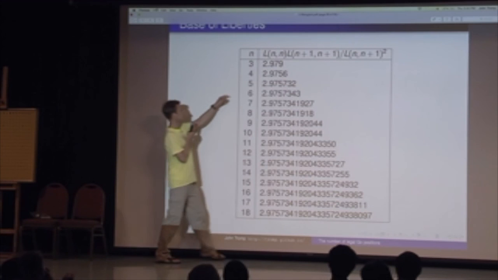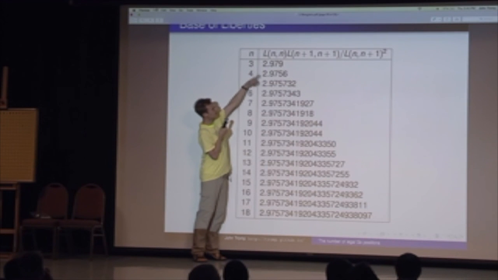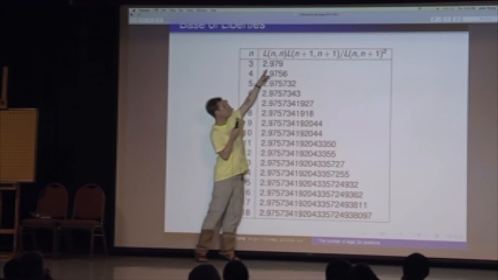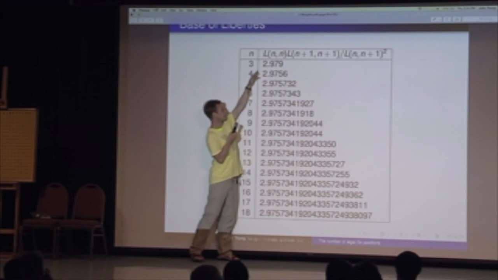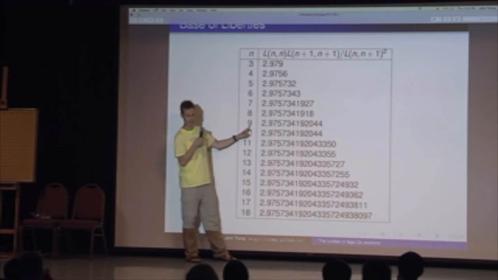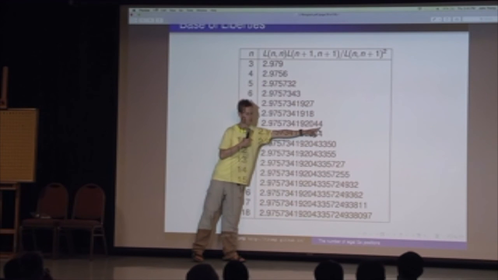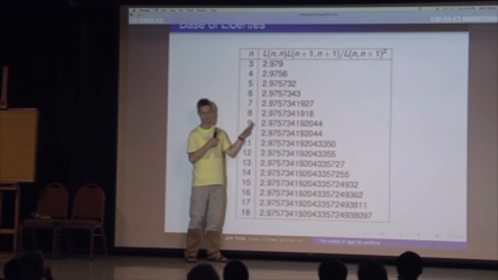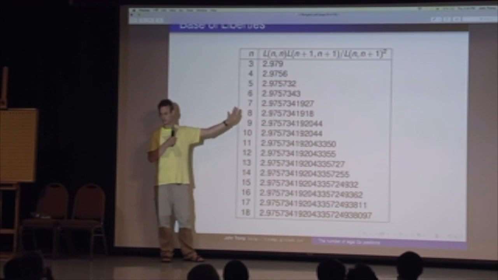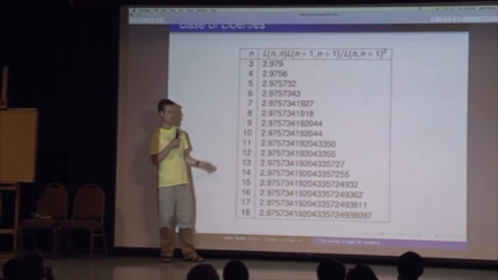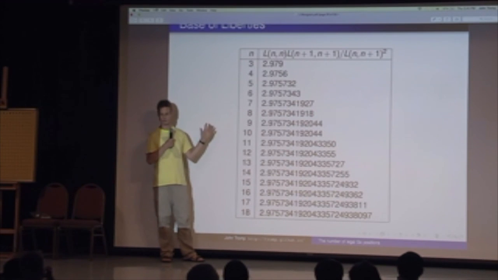If you've only computed up to 3 by 3 boards, or actually up to 4 by 4, then you compute this approximation of L. By the time you get to 9 by 9 boards, you already compute this approximation of L. So it's amazing how quickly the accuracy improves. It's very, very fast convergence.